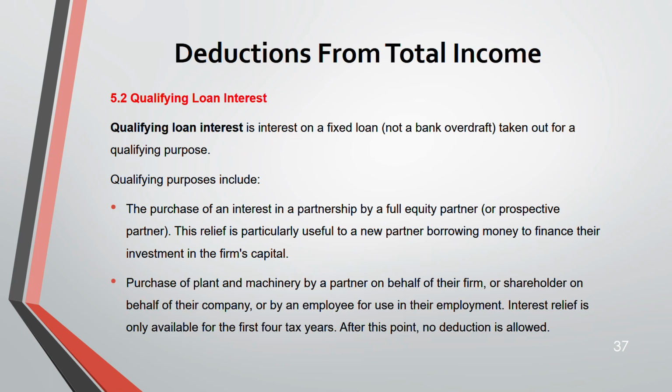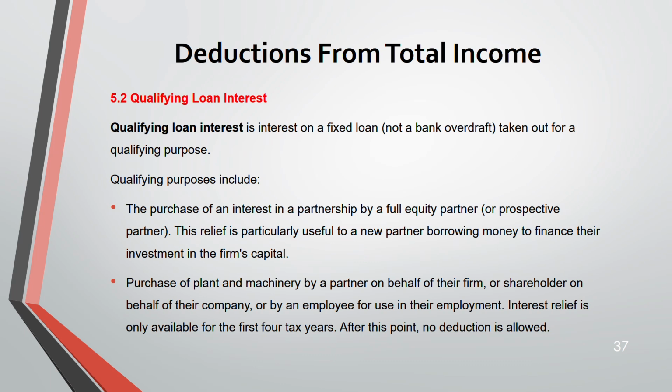Next, when you're purchasing plant and machinery, let's say a partner is taking plant and machinery to use in the partnership business, or a shareholder is purchasing plant and machinery on behalf of their company, or an employee is purchasing plant and machinery for using in the employment, then any interest you can deduct. But for this interest, there is a limitation.